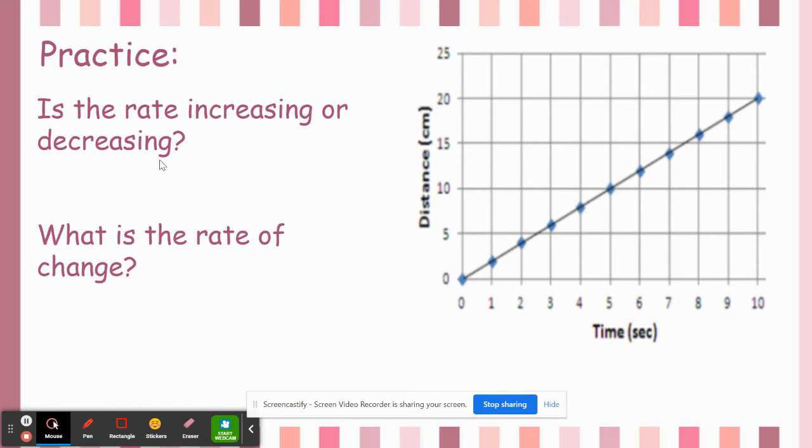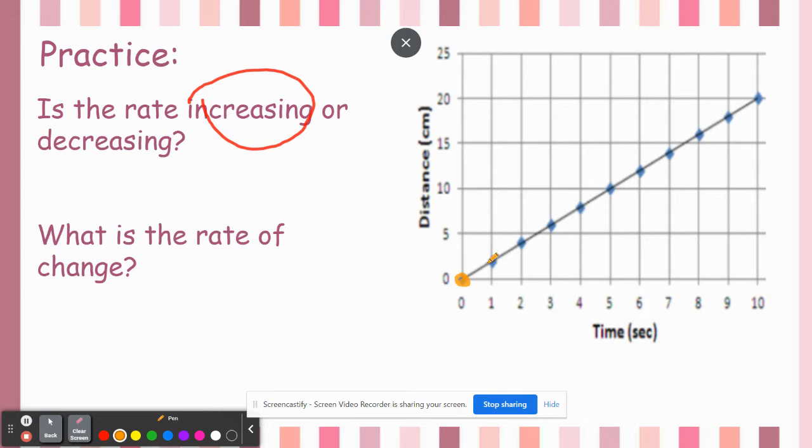Is the rate increasing or decreasing? Well, if we're going from left to right, you notice it's going upward, right? So that means it is doing what? Increasing. All right, what is the rate of change? So we're going to find a couple points. This point is a good point to use because it is at an intersection, so it's at the very start. This is not a good point because I'm not sure.